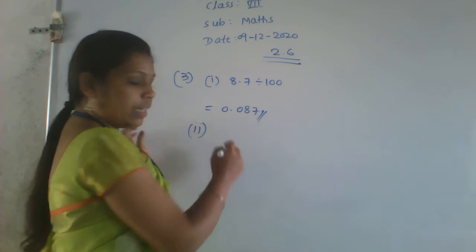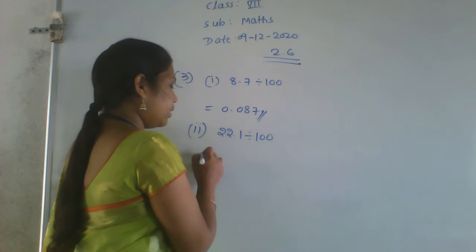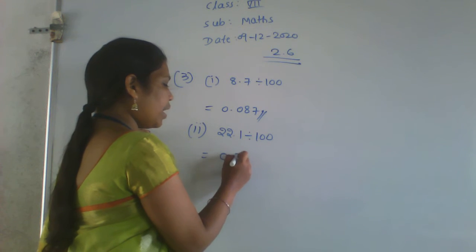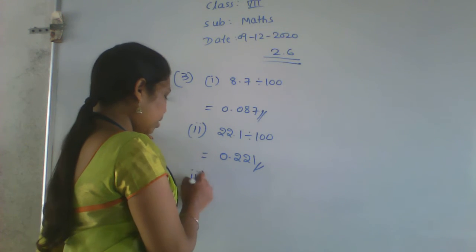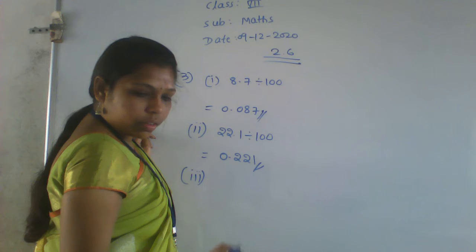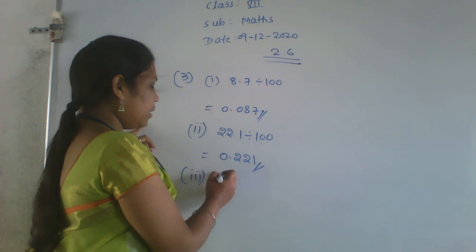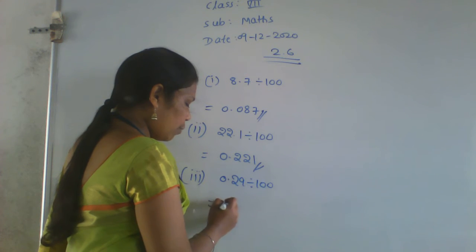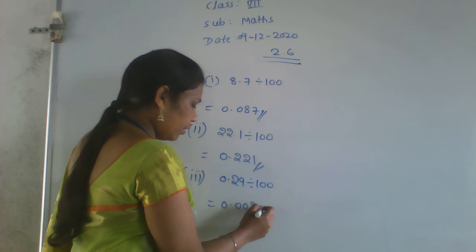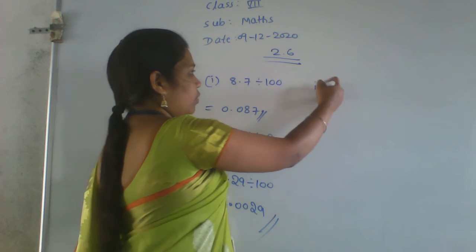Second one is 22.1 divided by 100. That is nothing but 0.221. Third one, 0.29 divided by 100. Answer is 0.0029.